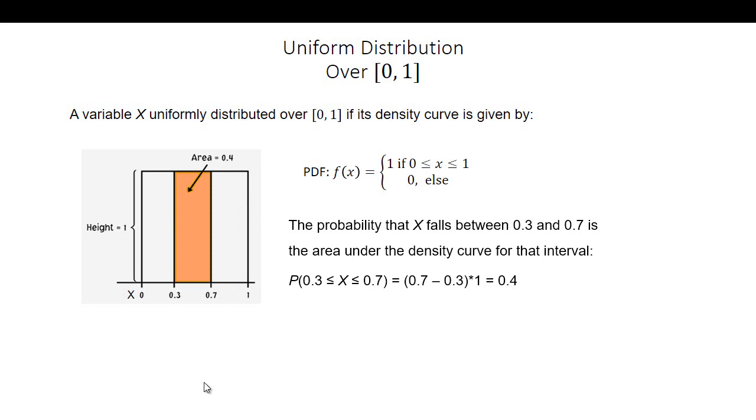So we have the interval from 0 to 1, right? So the probability of x over any other interval, outside of 0 to 1, is going to be 0. The probability of a single event is 0. So the probability that x is 1 would be 0.